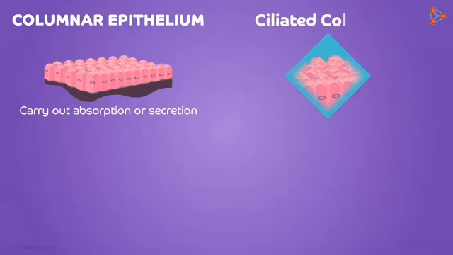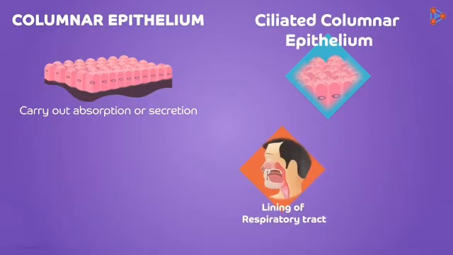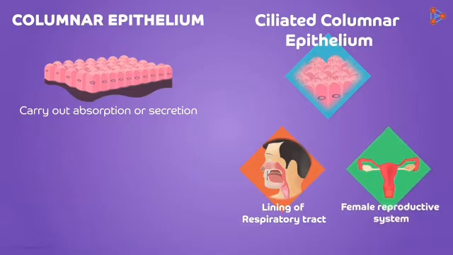So basically they are column-like cells having cilia, mainly located at the lining of the respiratory tract so that the air can easily flow into our lungs. Furthermore, there are various other locations like the female reproductive system for the movement of the ova or egg cell.